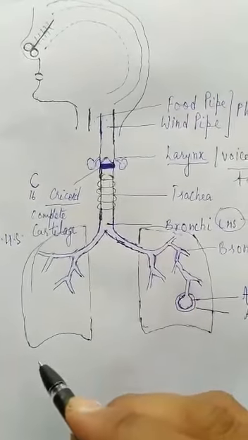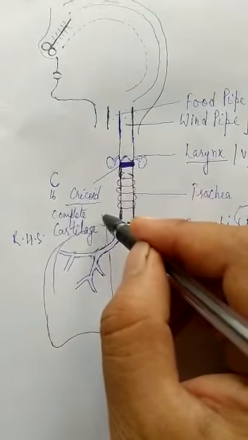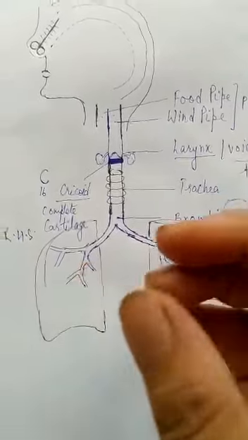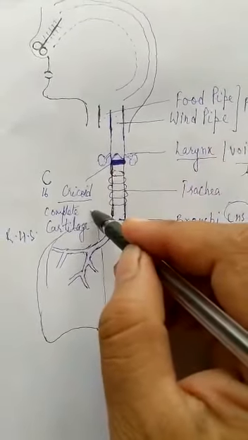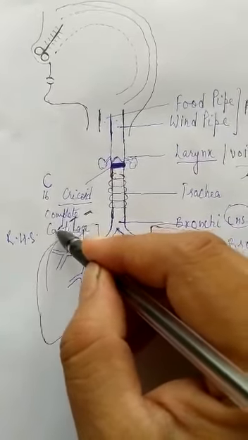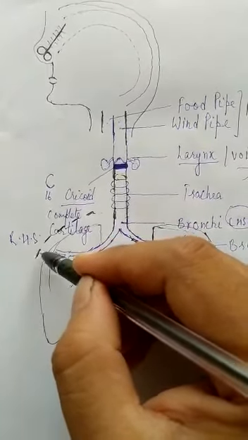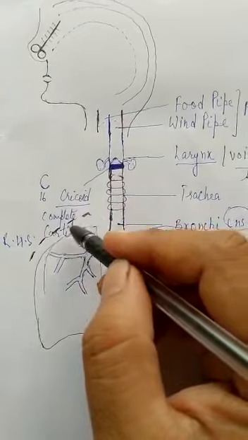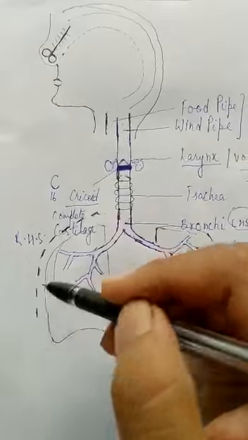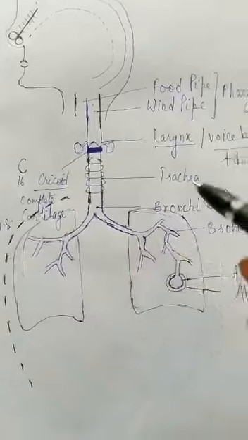Now let me tell you that these are the visceral organs. Visceral organs are very soft, and hence they are well protected by bones. I am trying to show you the ribs. 12 pairs of ribs are there. 1 2 3 4 5, then 6 7 8 9 10 11 12.